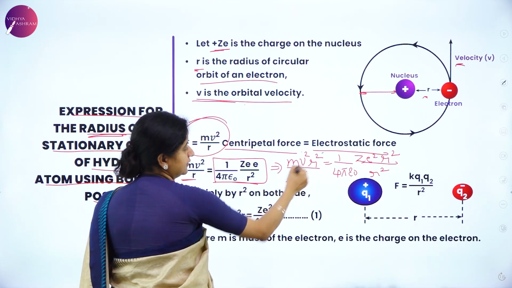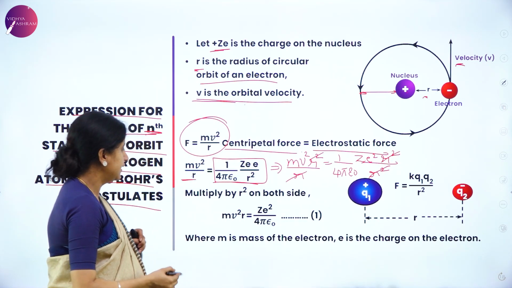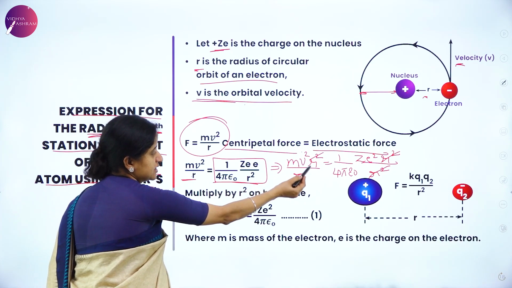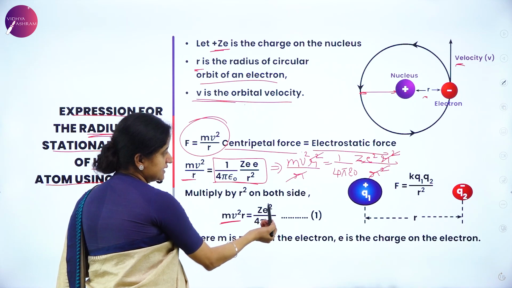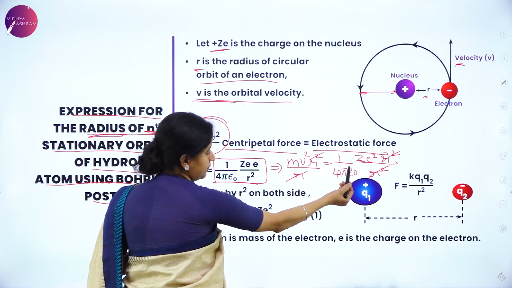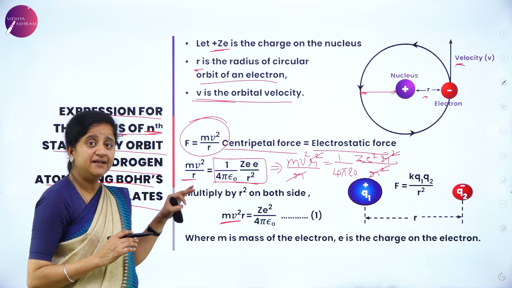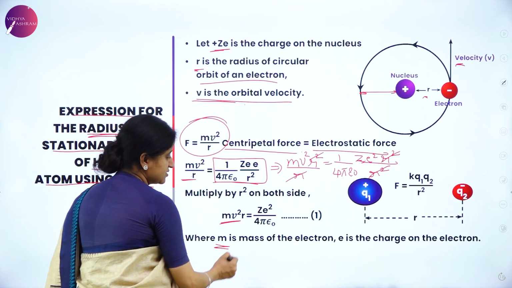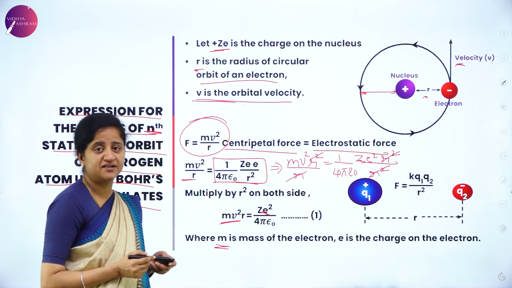So one r cancels, r square cancels, and we remain with mv square r equals Ze square divided by 4 pi epsilon naught. This is my equation 1. In this equation, m is the mass of the electron and e is the charge on the electron.